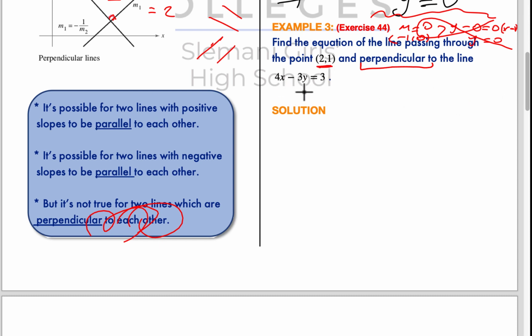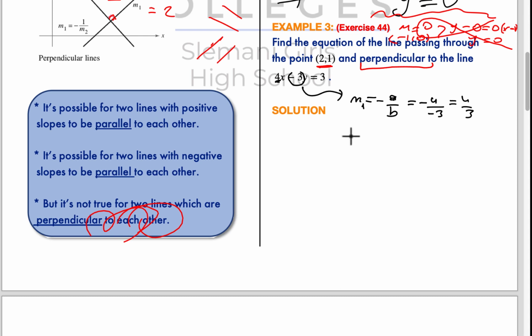So what is the slope of the given line? I will use the other method. Slope is negative a over b. Slope is negative the coefficient of x, which is 4, divided by the coefficient of y, which is negative 3. Negative 4 over negative 3, so 4 over 3 is the slope of this given line.